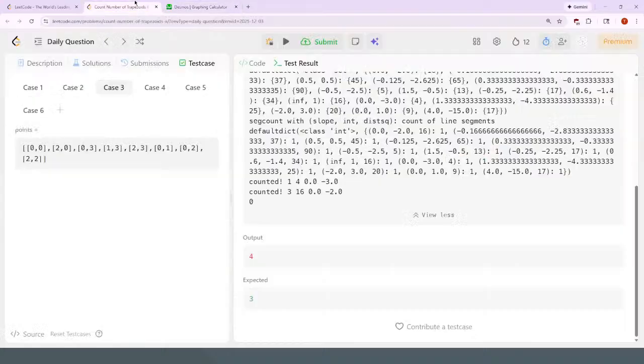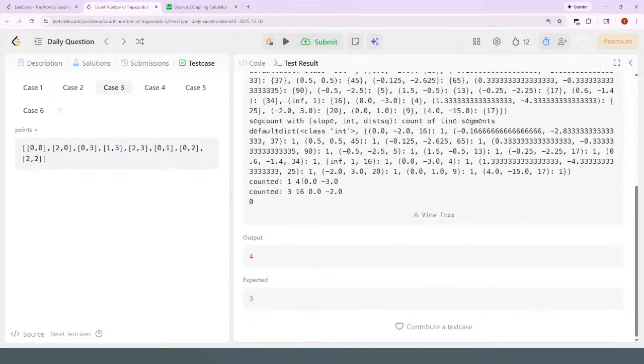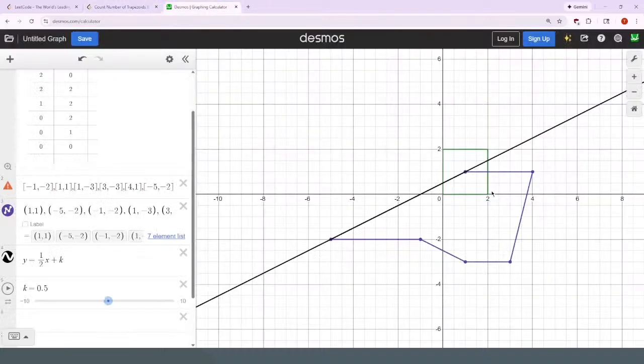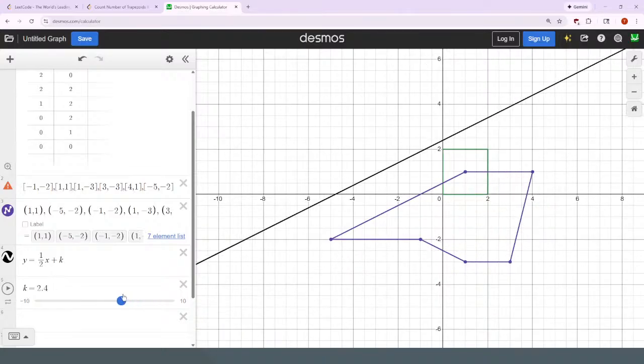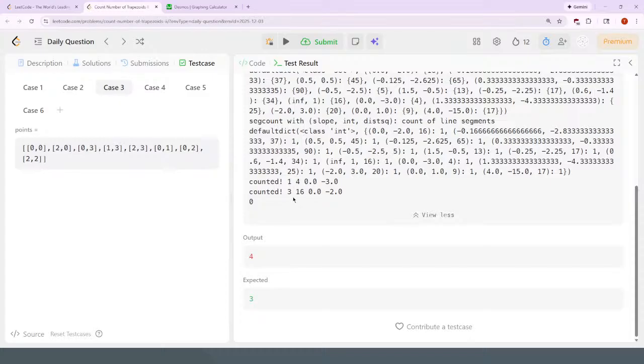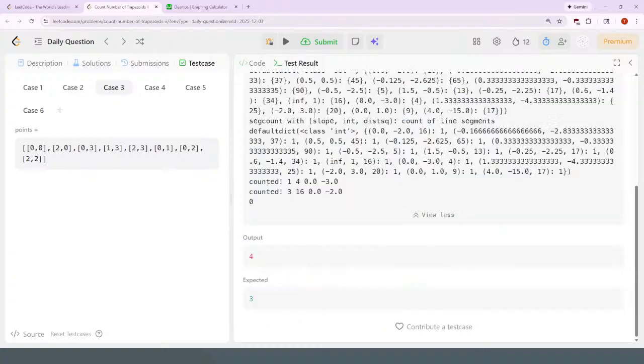Slope of what? Slope of 1. Slope of 1, distance is 2. Slope of 1. Count total, distance squared, the slope is the third thing.